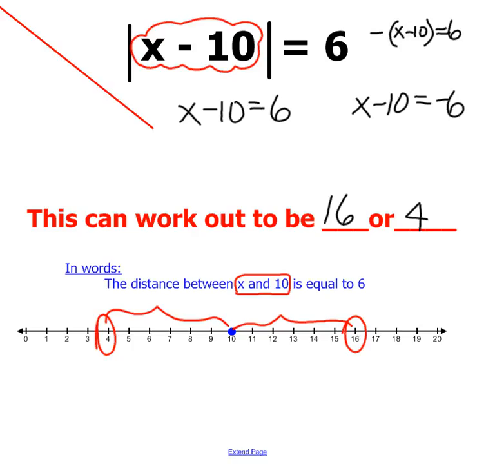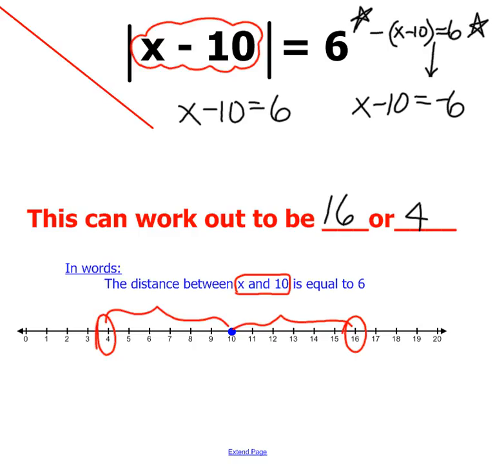But mechanically, algebraically, it's easier to do this, and they are equivalent if you think about multiplying both sides by -1. And the reason I show you this is because later on in this unit, we're going to have to use this a little bit. Okay, so I want you to kind of start understanding where I'm coming from. So obviously, if I solve those, I get 16 or 4.